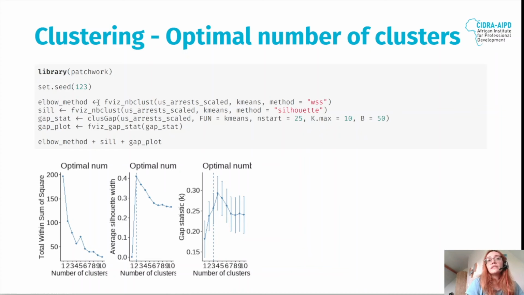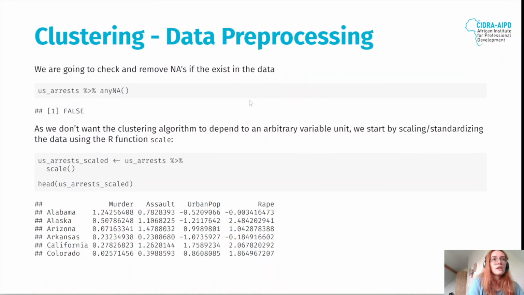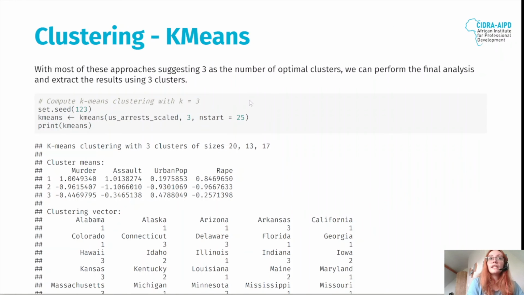I'm calculating the elbow method, as I said, with fviz_nbclust. You need to give the data, that is the US arrests scaled. I'm running the k-means, which I'll show you later what it is. Let's see, here it is, the k-means. It's the same function here. I'm just generating a k-means function here.